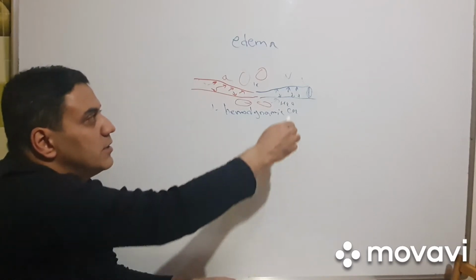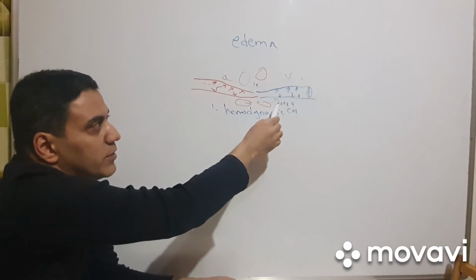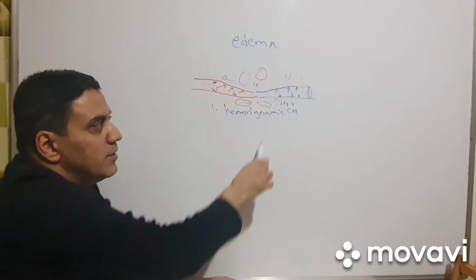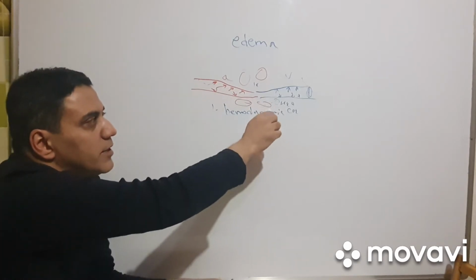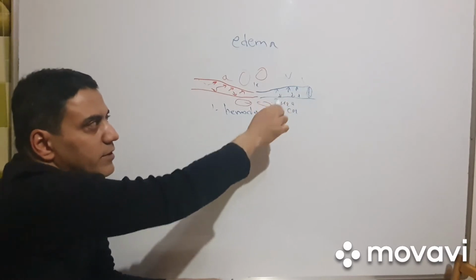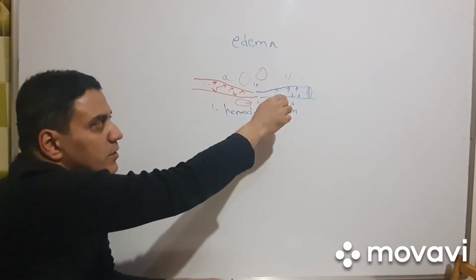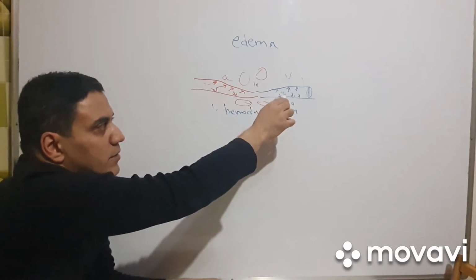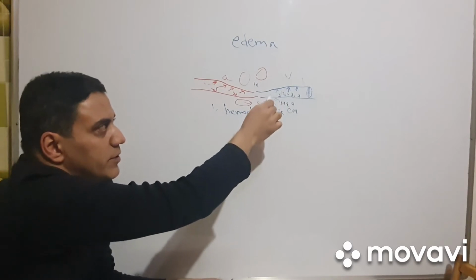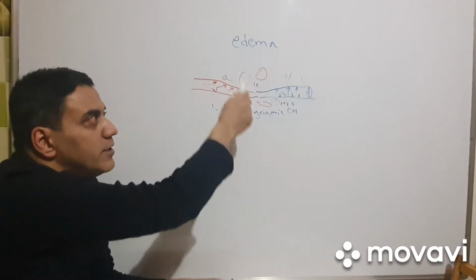In these cases, hydrostatic pressure here will be high, so water cannot leave the tissue to the vein and it will stay here. And even water from veins will get out to the tissue, so the water will be accumulated in tissue. This is edema, first factor.